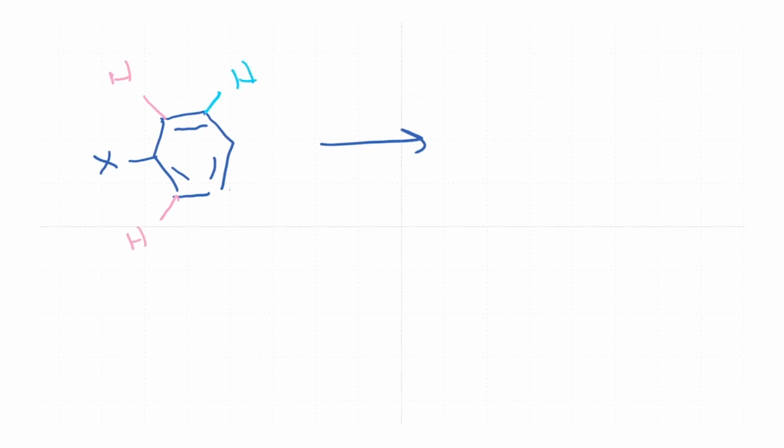What I mean by directing ability is this: when you have a substituent X here, and I just look at statistics, the ortho position has 2 hydrogens, and therefore 2 substitutions are possible. Also, meta has 2 substitutions, whereas para has only 1.